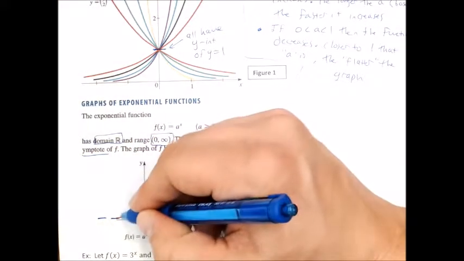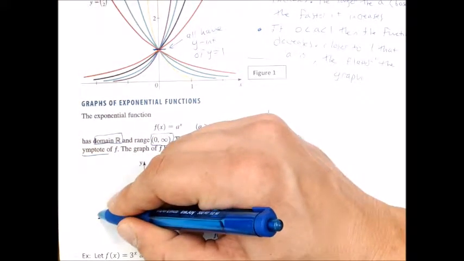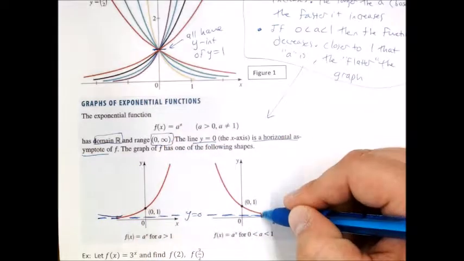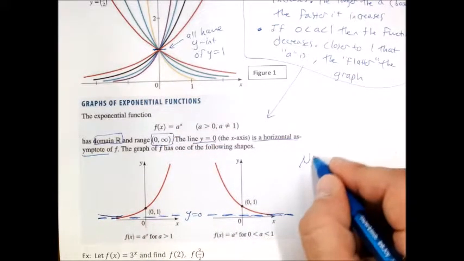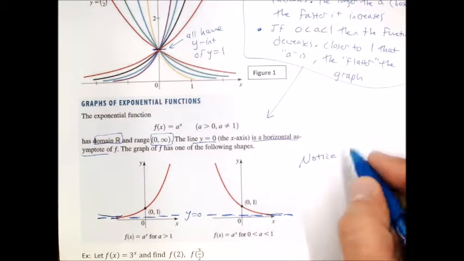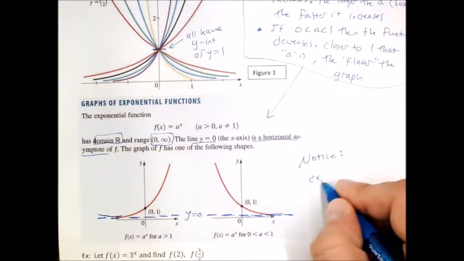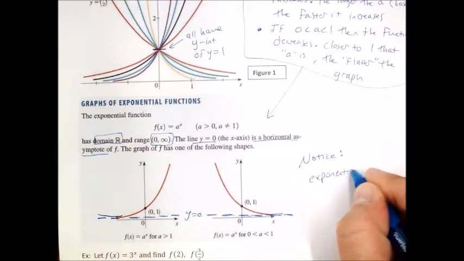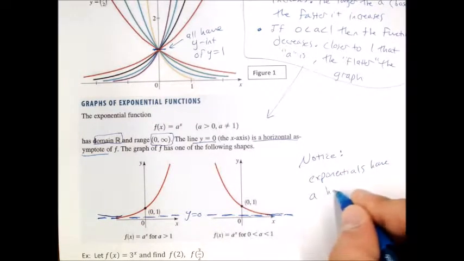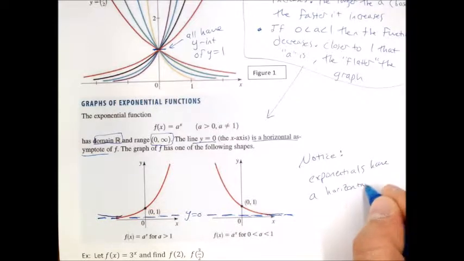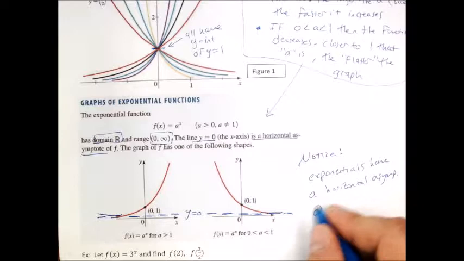It just goes out in this direction and never really touches that line. And same thing over on this one. Just to be real clear about this, it's important: exponentials have a horizontal asymptote at y equals 0. And we're now familiar with what that means.